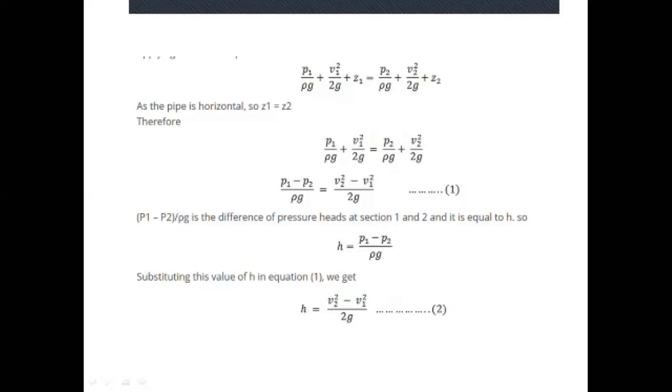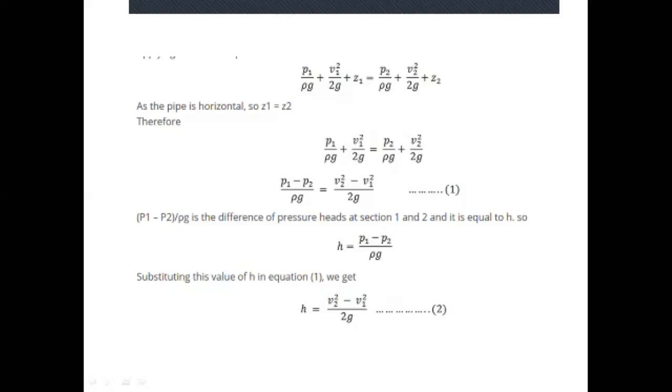Then we can make H the subject, where P1 minus P2 divided by rho g is the difference of pressure heads at section 1 and section 2. The whole of this can be represented by our H here.